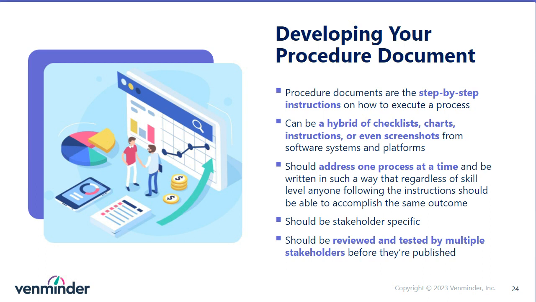So just like having your stakeholders review your program document, you do want to make sure that all your procedures are reviewed and tested by multiple stakeholders before they're processed, because doing that's going to save you a lot of rework and a lot of complaining from people using procedures that they perceive as bad or that they just don't work.